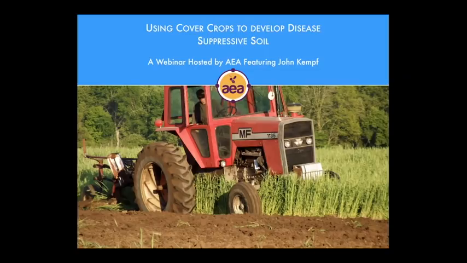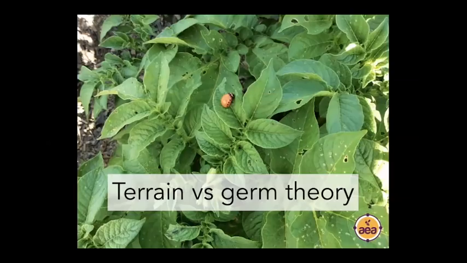Enderlein was an advocate of the hypothesis that the development of a disease and the expression of a germ and of a potential pathogen is really dependent on the terrain, on the environment that is present.